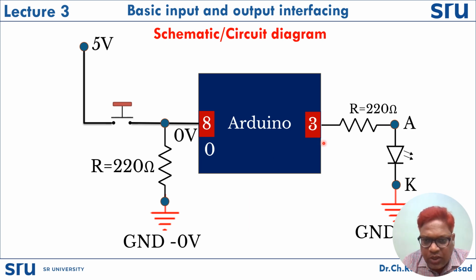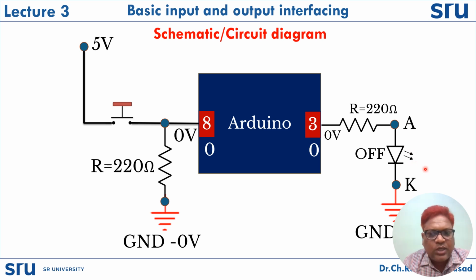That means we need to generate 0 volts here. To generate 0 volts, I need to write logic 0 on the third pin. When I write logic 0 on the third pin, it will generate a voltage of 0 volts. When this voltage is generated at the output of the third pin, 0 minus 0, the LED is in reverse bias, and the LED is in off condition.